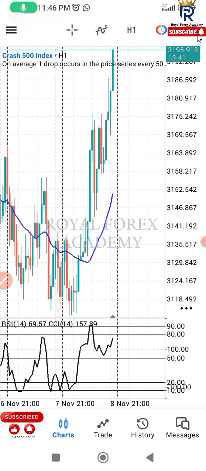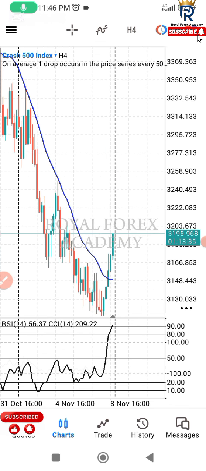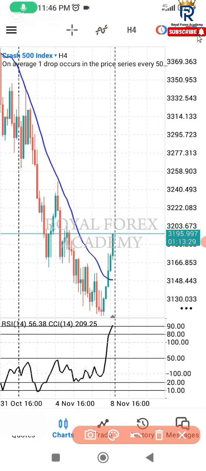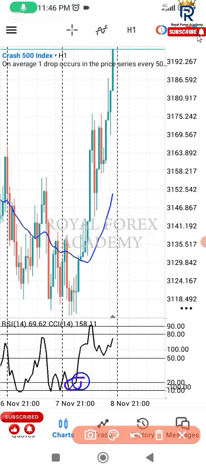This is Crash 500, right? Yeah. Let's look at the H4 time frame. You can see that price is above the moving average, so this is an uptrend. So let's come to the 1-hour time frame. Where would have been our entry? Our entry would have been here.